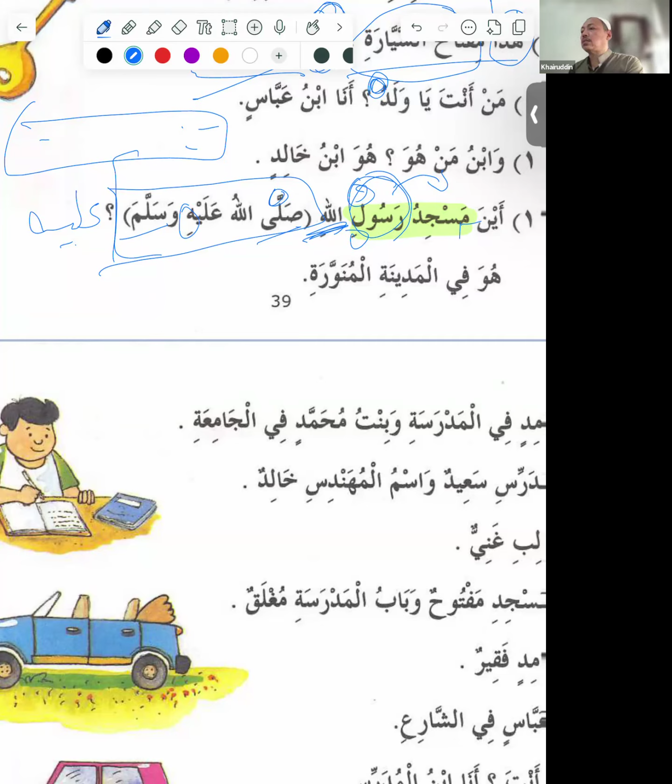So this word that we have here, Al-Madinah Al-Munawwarah, is not in mubtada khabar form, because with mubtada khabar, remember I told you that if you were to translate it, you would put is, are, was, were, or am in between.